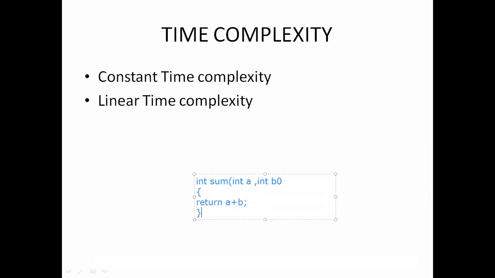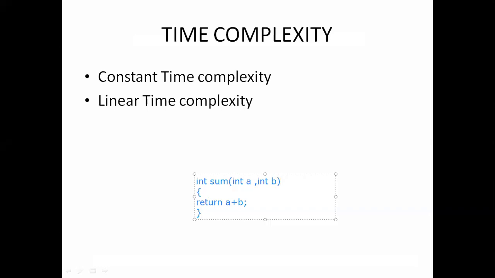So it takes constant time for these two variables a and b. So here a fixed amount of time for these two inputs a and b. This type we call a constant time, a constant time complexity.